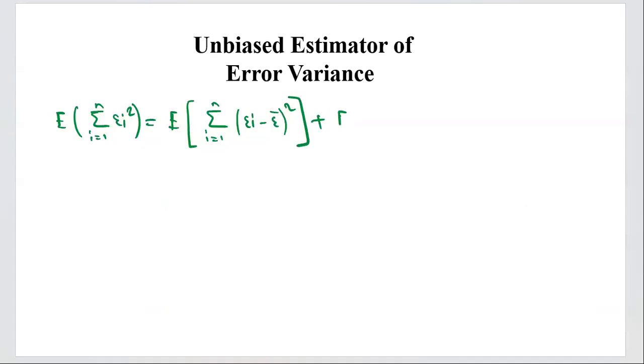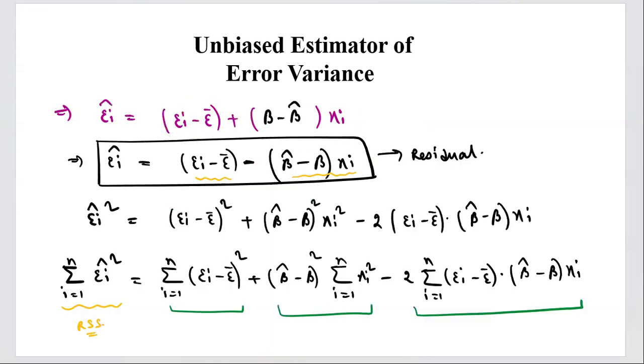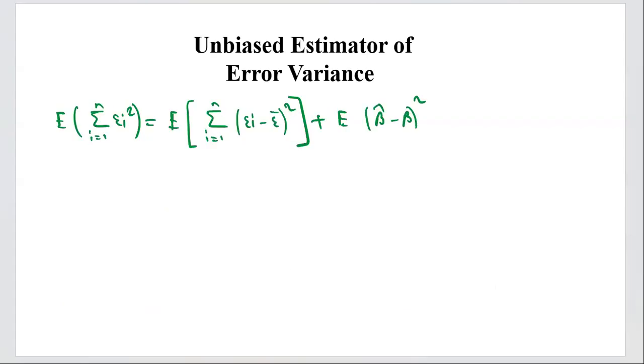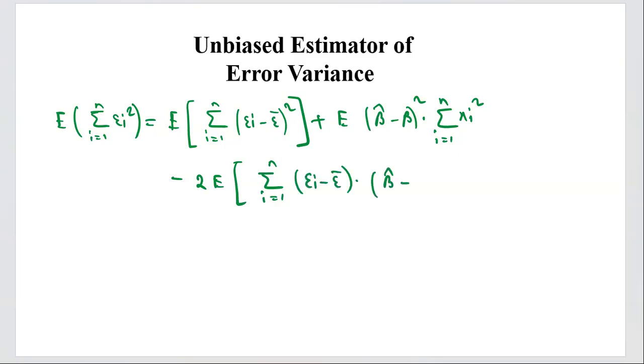Plus expectation of this beta cap minus beta square will come out. See, here you have beta cap minus beta square, expectation will be, and then expectation of summation i from 1 to n xi square. This is the second term. And then you have a third term, which is expectation of summation i from 1 to n epsilon i minus epsilon bar, beta cap minus beta into xi. Okay. So we have this much.